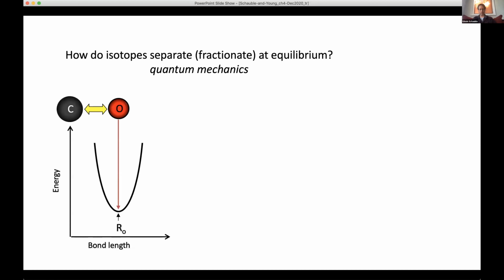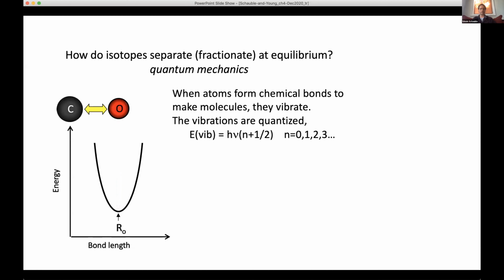But we live in a quantum mechanical universe, and that's what's really important for equilibrium isotope effects. Even at the lowest possible state of the molecule, because vibrations of that molecule are quantized, there's always going to be a half quantum of vibrational energy present: one half times Planck's constant times the vibrational frequency, 1/2 hν, even at the lowest possible quantum state.